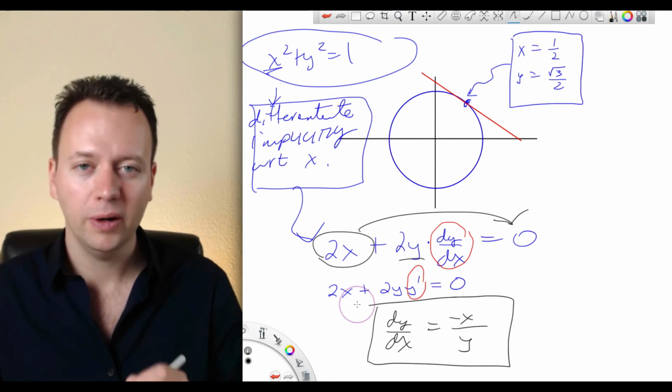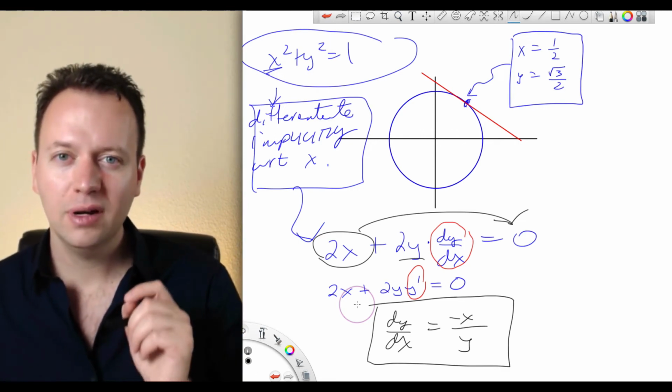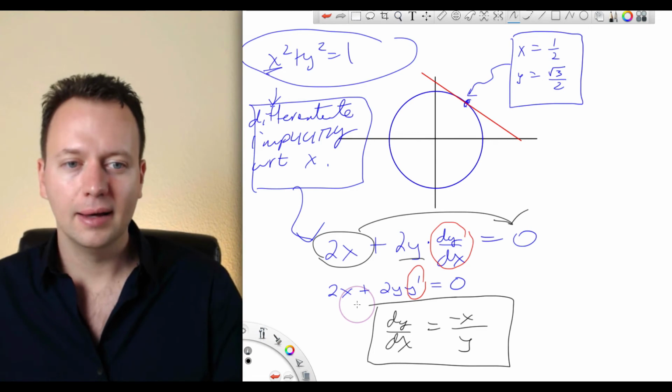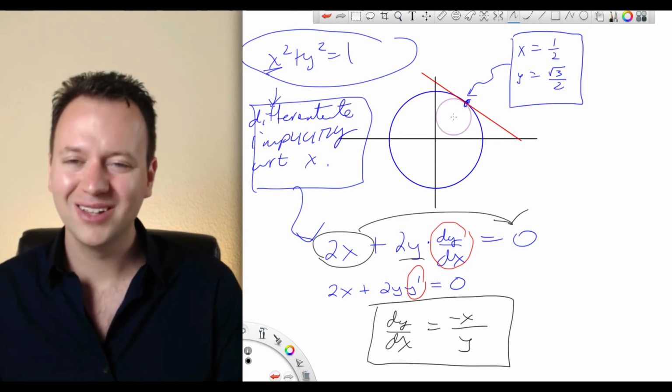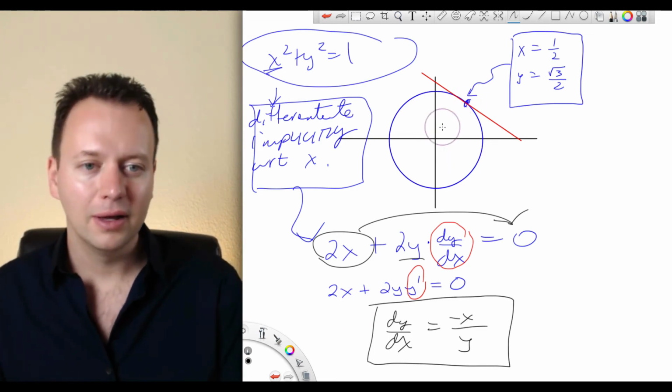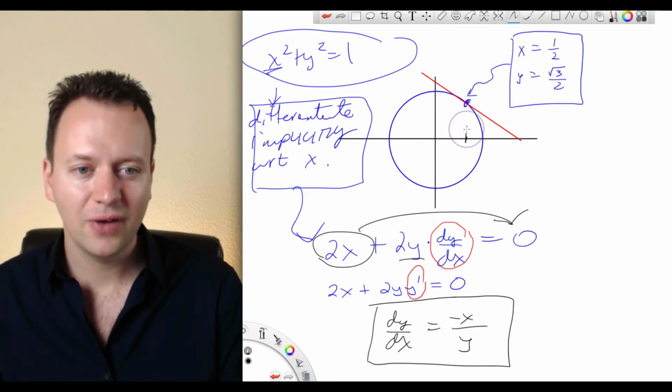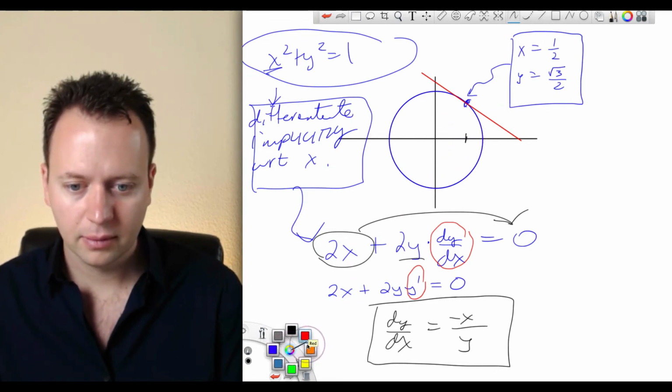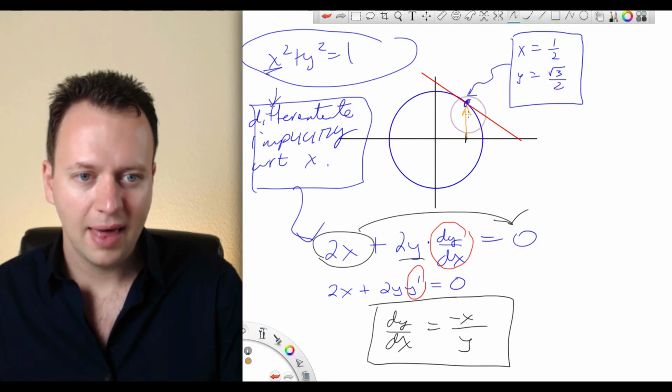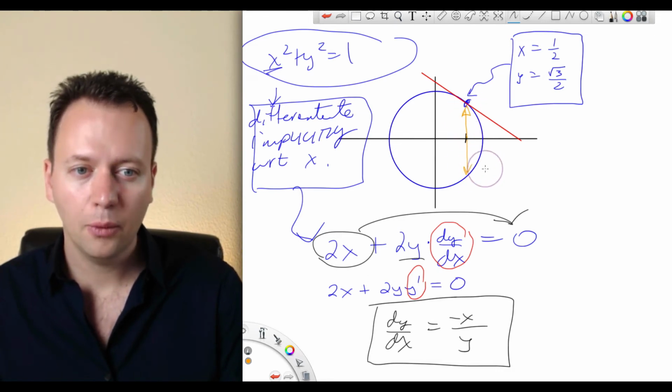So this is important because when you have an implicit equation, the variable y is not a function of x at all. Right? We can see this with the circle. For a given x value, you can go to that y value, or you can go down here to that y value.